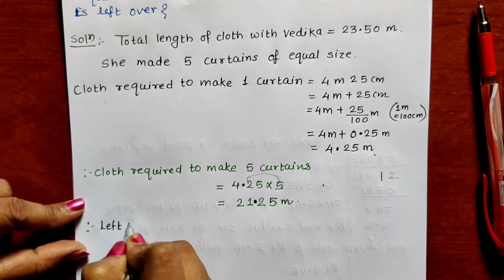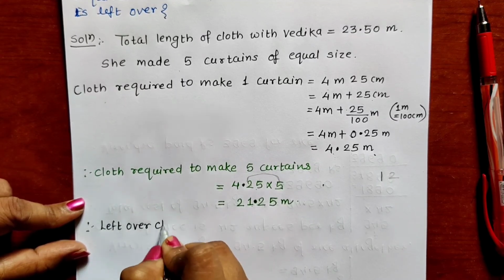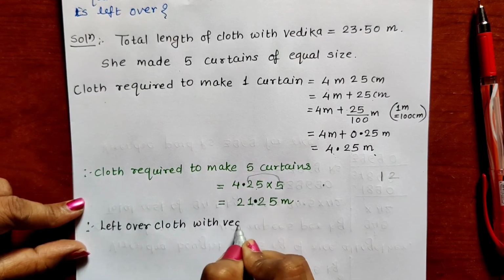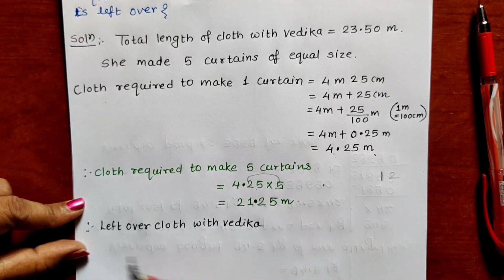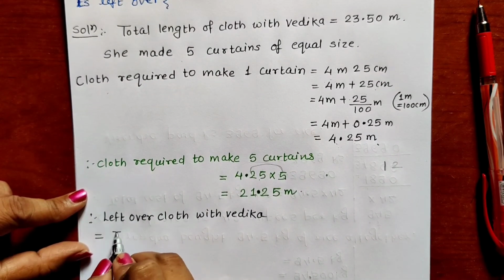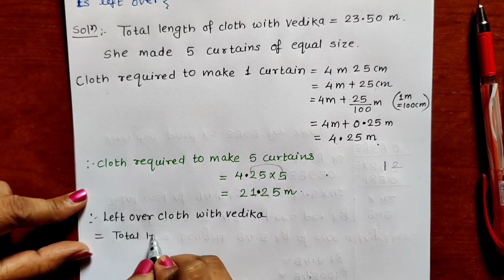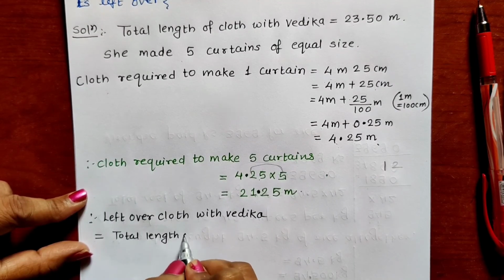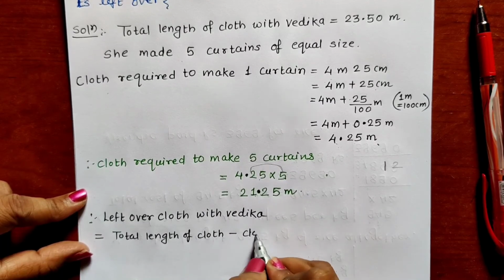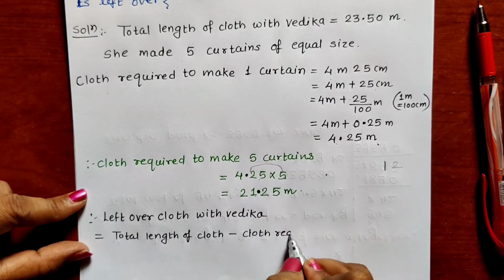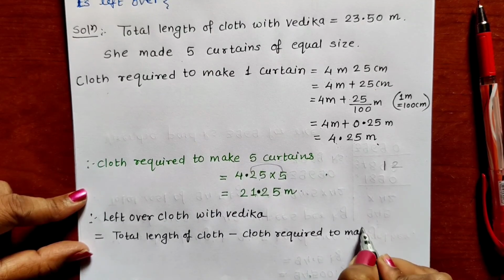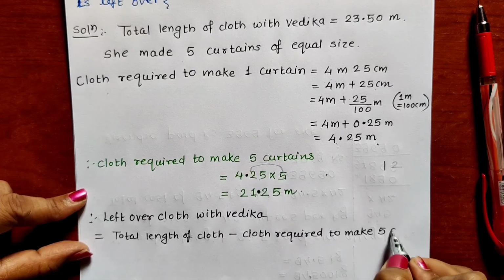Leftover cloth with Vedika will be equal to total length of cloth minus cloth required to make 5 curtains.